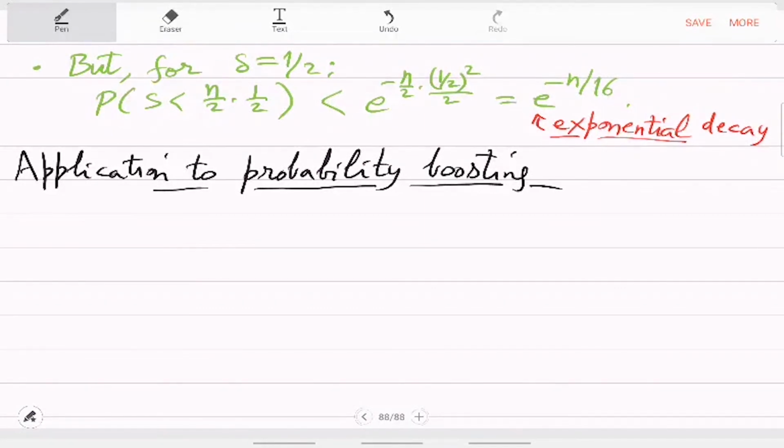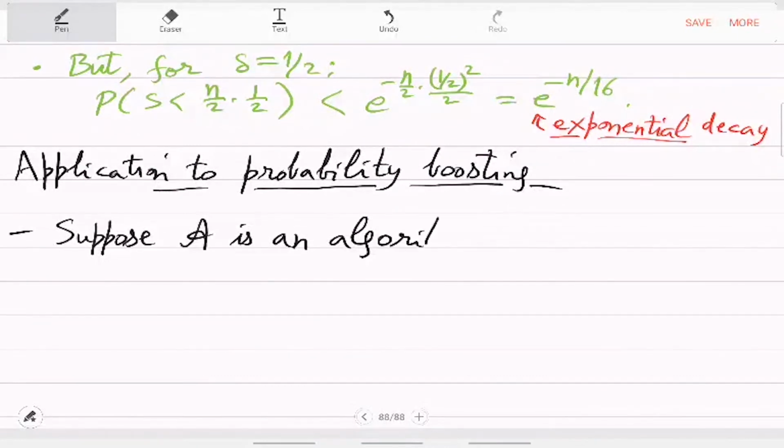What is probability boosting? So this happens in randomized algorithms. Okay, suppose A is an algorithm solving your favorite problem, and say it's a very fast algorithm. The only issue is that it makes errors.